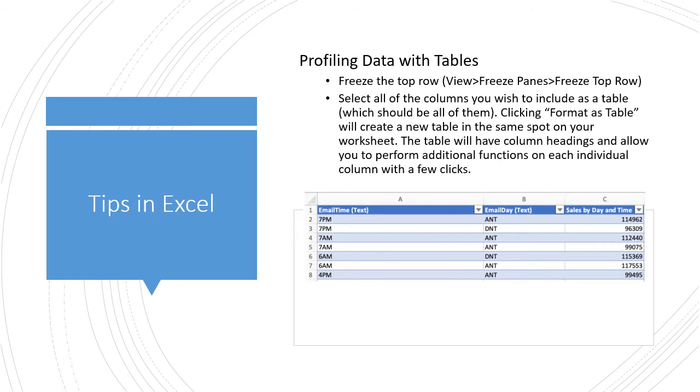Once you have your data set ready to be cleaned, to assist with a better view of your data, we can freeze the top row of your data set. This can be done through your view menu, freeze panes, and freeze top row. Or you can select all the columns that you wish to include as a table.